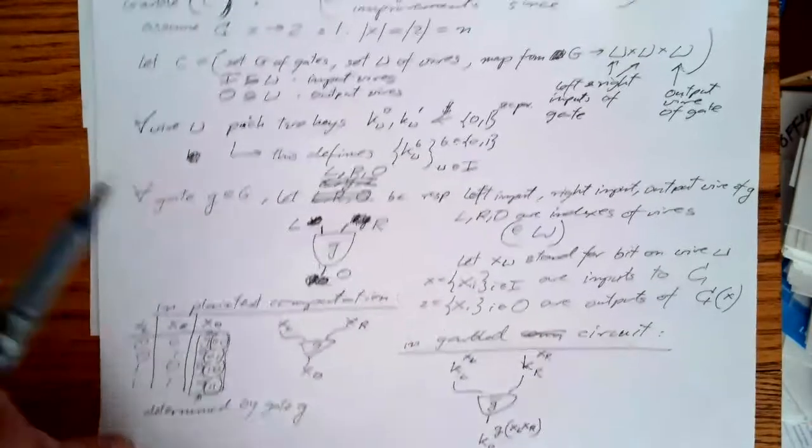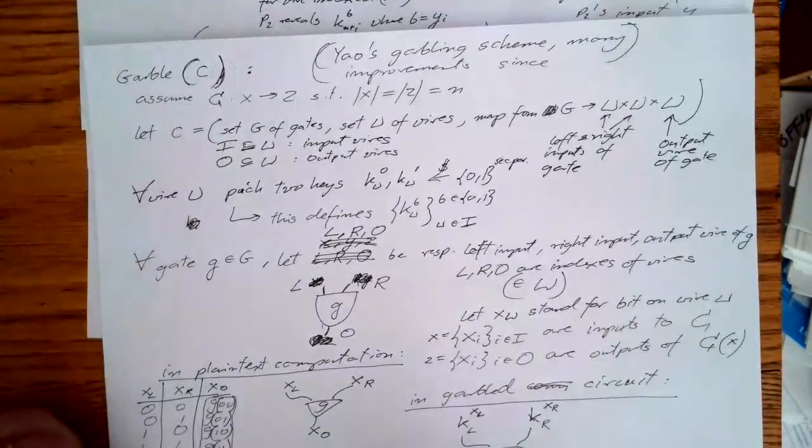The garbled circuit will be just a collection of these garbled gates for every gate in a circuit.